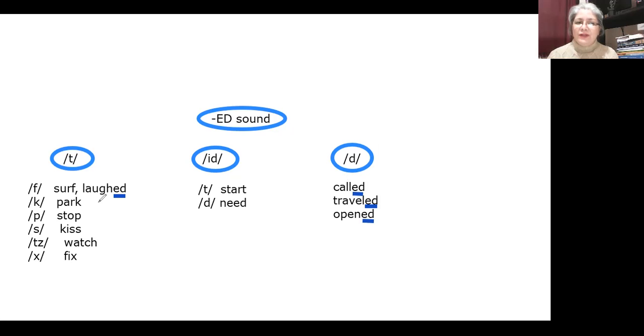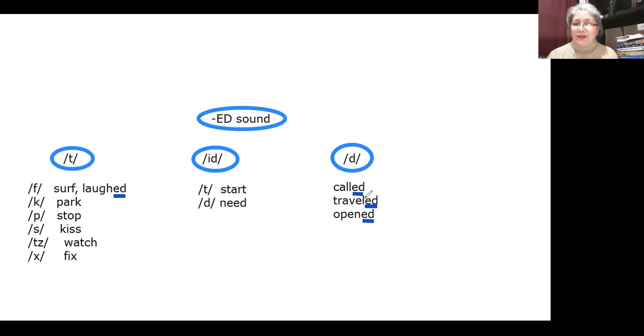Call is not among these other sounds that we have discussed, so the ed sound is going to be just t. The past of call is called. I called my mother.